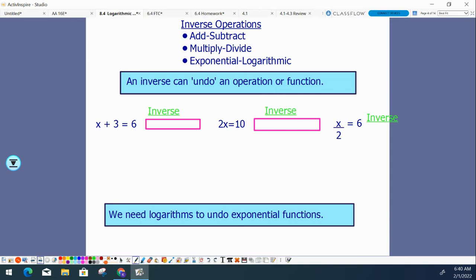All right, so I want you to start thinking about inverse operations. These are things you actually know how to do. You know that the inverse of add is subtract, and subtract is add. You know the inverse of multiply is divide, and divide is multiply. And we could even add to this, right?